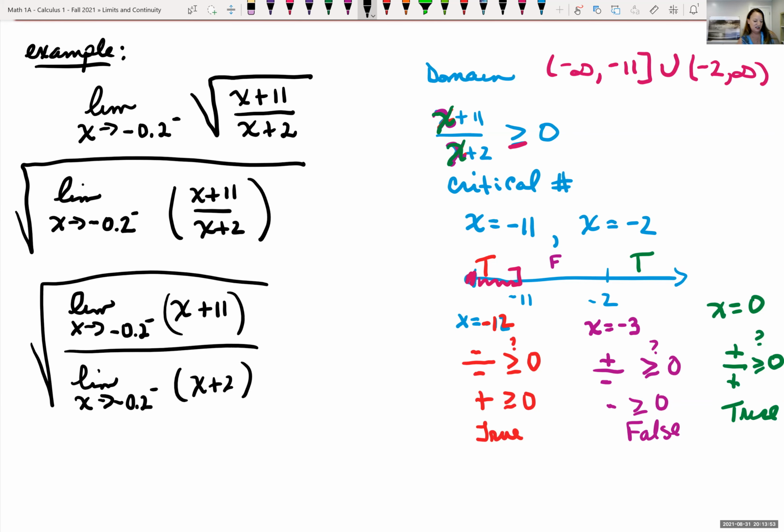So let's just do direct substitution wherever we see an x, and then simplify. So we have the square root of -0.2 plus 11 all over -0.2 plus 2.